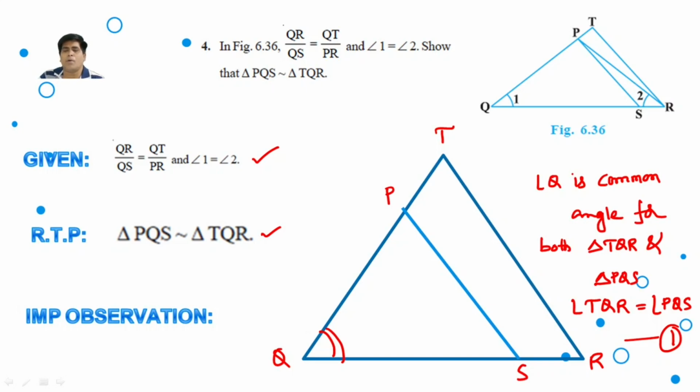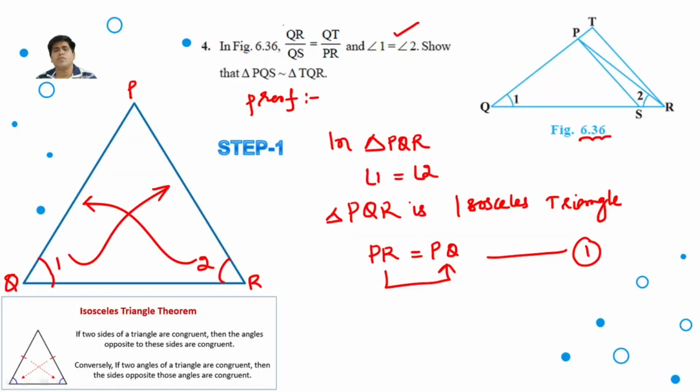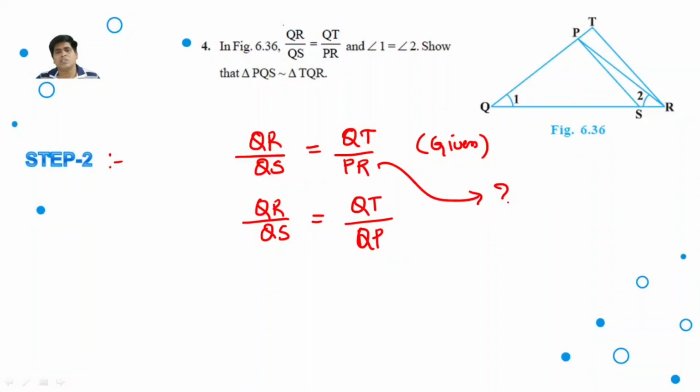In step 1, we proved that PR side is equal to PQ side in triangle PQR. So instead of PR, in the next step we write PQ, or QP. In the second step, the ratio is changed to QR by QS is equal to QT by QP.